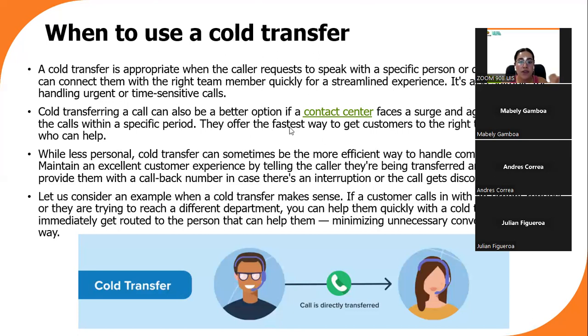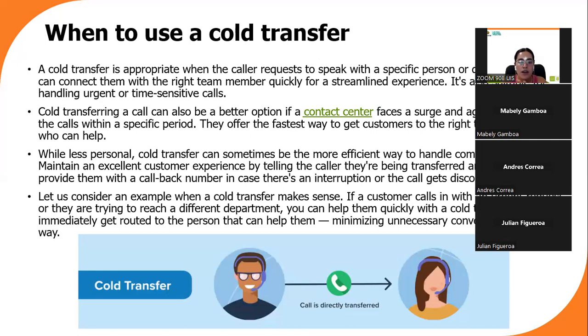So the fastest way to get the customers to the right person that can help them is by using the call transfer. Okay, so this of course can be less personal, but sometimes it can be the more efficient way to handle the calls, right? So it's always important that you inform the customer that they are being transferred and what is the reason, right?